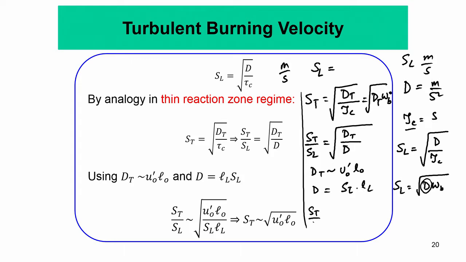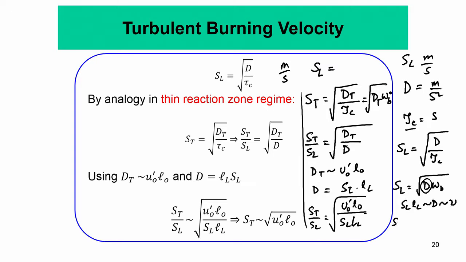Then ST by SL is essentially u prime 0 times L0 divided by SL times LL. As you know, if we say the Schmidt number equals 1, SL times LL can be written as D, which is equal to the kinematic viscosity nu.